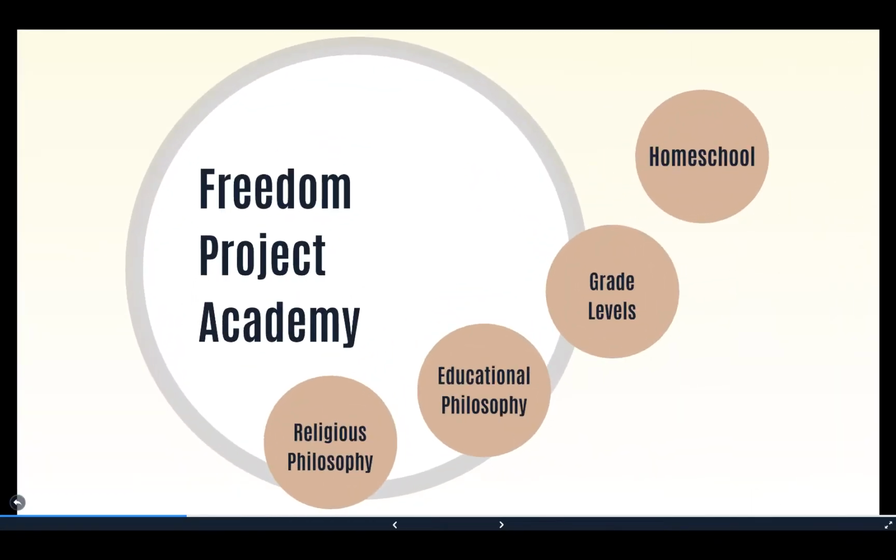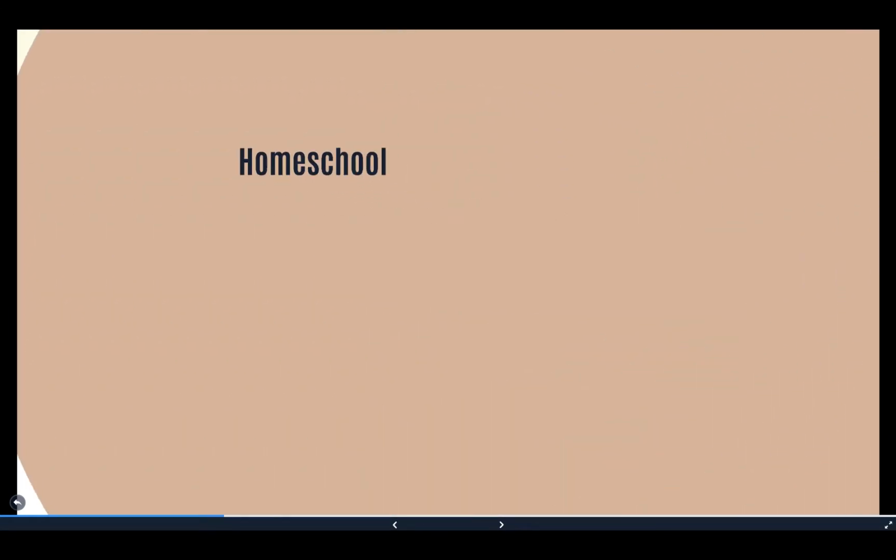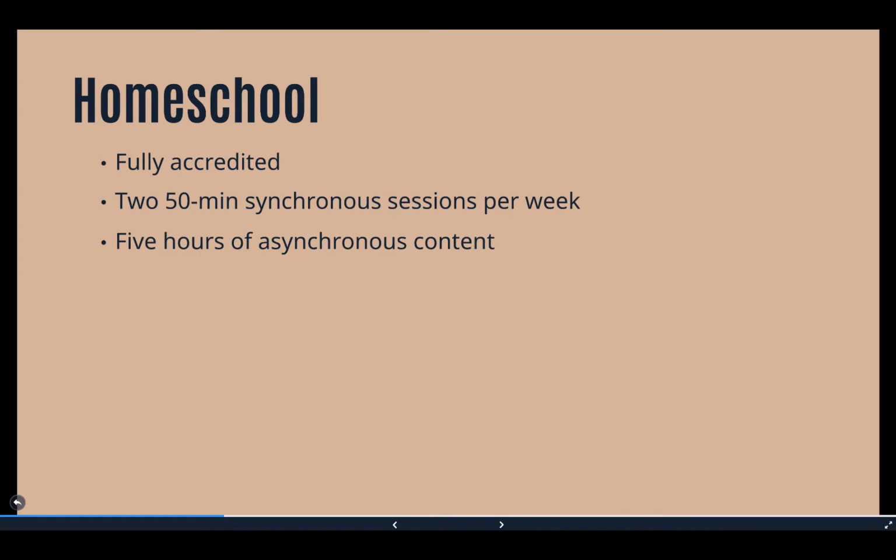So a little bit about the students. This is going to be designed for Freedom Project Academy, which is online homeschooling. So let's start with the homeschooling section here. It is fully accredited. And here's the oddball for you. I have to teach 2 50-minute synchronous sessions per week along with 5 hours of asynchronous content.